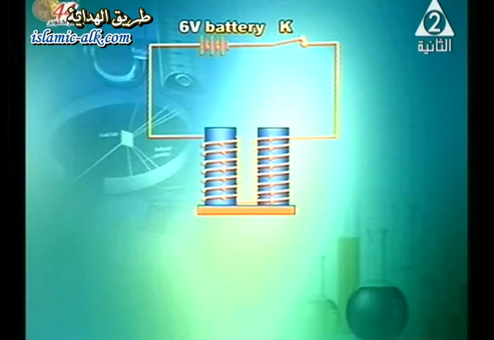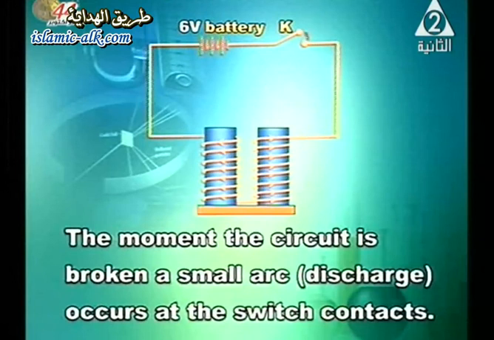Now, demonstration of self-induction. How to demonstrate self-induction? In front of you we've got an electromagnet which consists of many turns connected to a 6-volt battery and a tapping key.